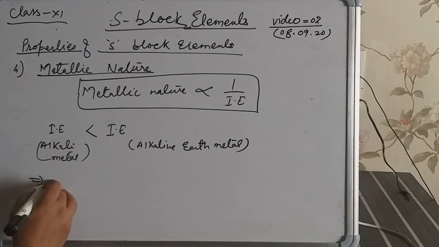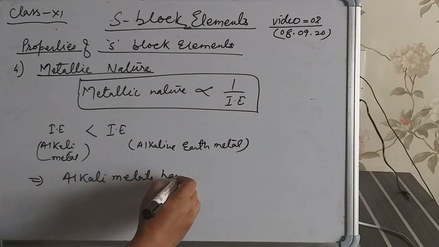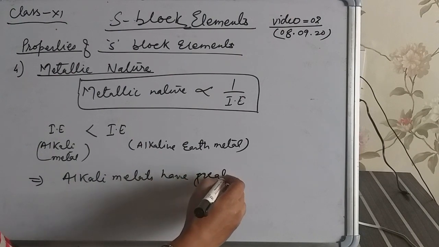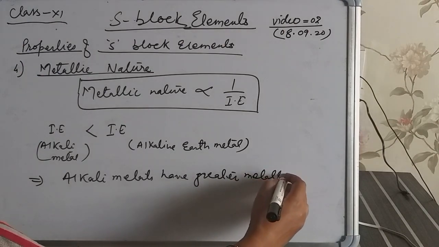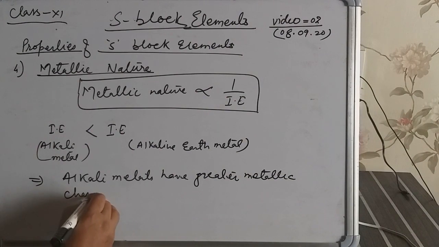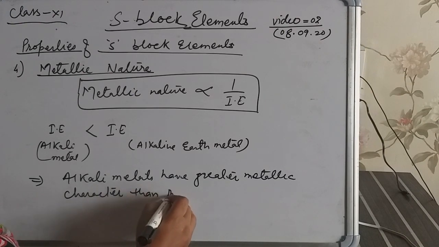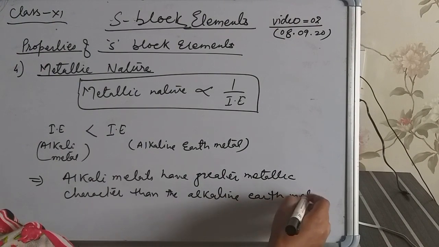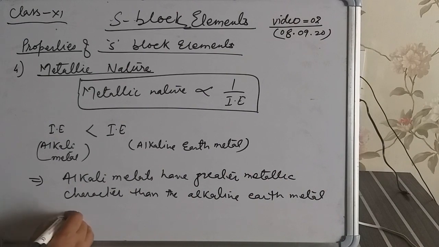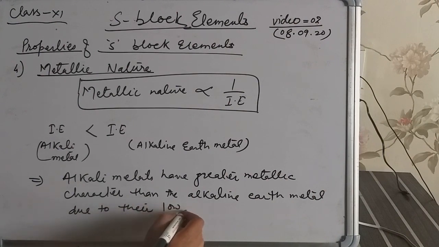So alkali metals have greater metallic character than the alkaline earth metals, due to their low ionization enthalpy.